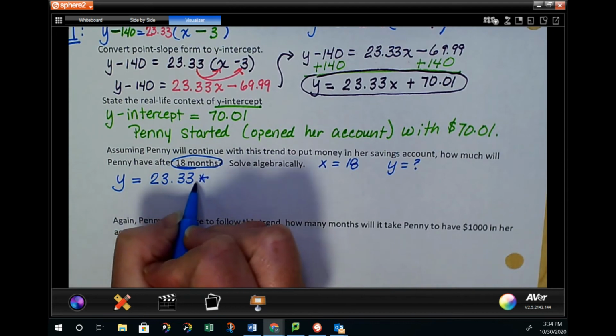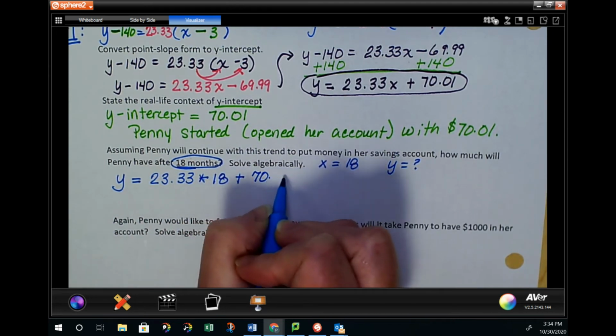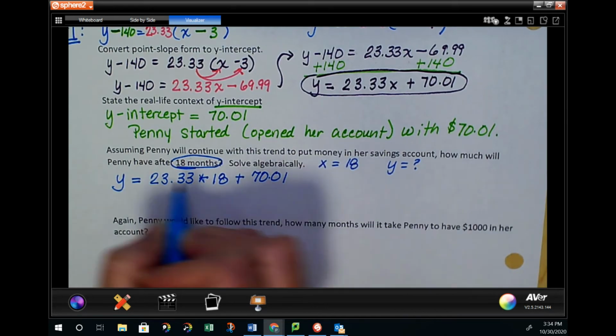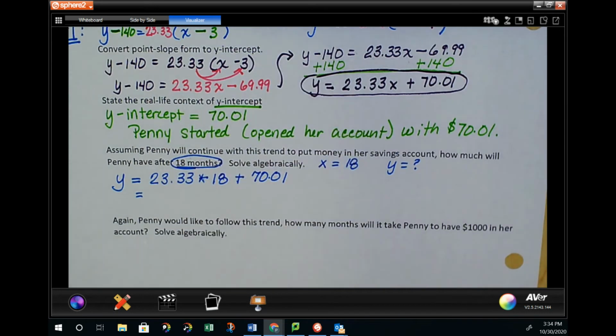So 23.33 times 18 plus that $70.01. So we're going to use our friend. You're going to use your little friend, and you're probably going to use your Desmos friend. So this is 23.33 times 18.